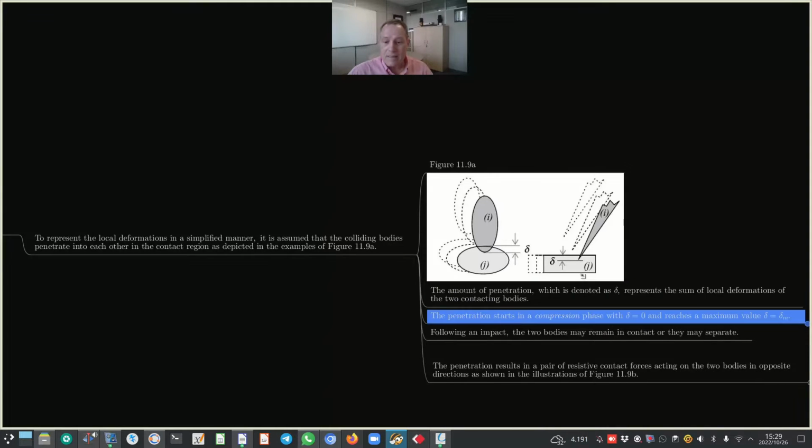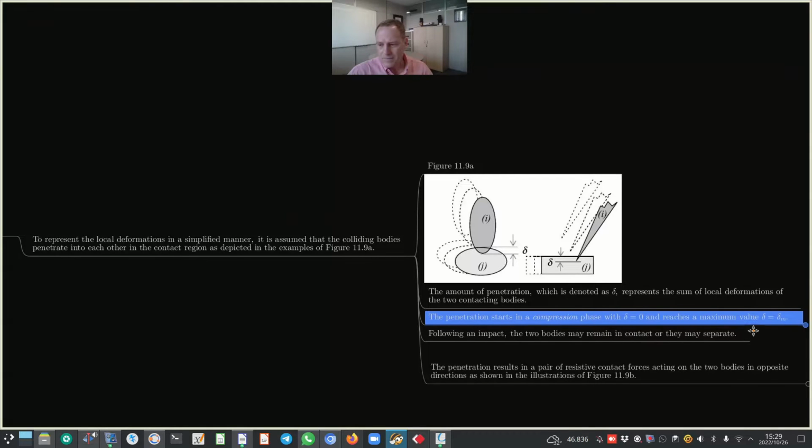The penetration starts in a compression phase with delta equals 0, when contact is initiated, and reaches a maximum value of delta equals delta subscript m for maximum.